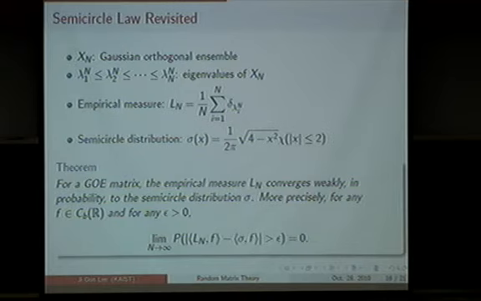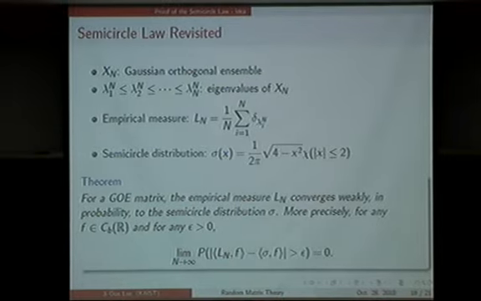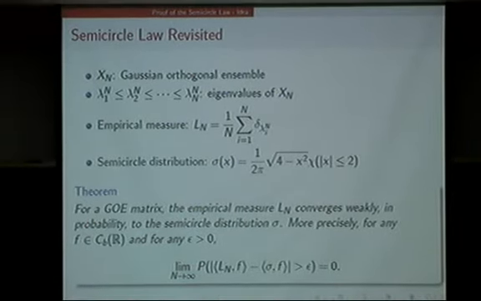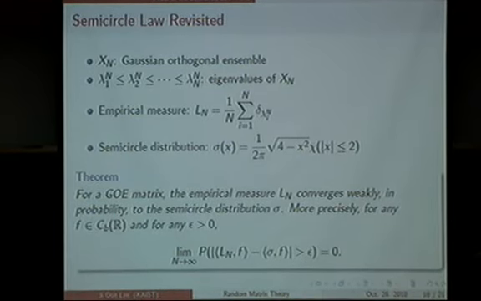Of course, this is not the optimal form of the theorem, and instead of GOE you can do much more general cases. For GOE this is true, but if you omit the G part, for the OE matrix, OE is just an orthogonal ensemble without any Gaussian condition but with IID entries. If you have IID entries with mean 0, and a few more conditions, then you can get the same thing. Likewise, if you have UE, you can get the same thing. And the interesting thing is that you can consider SE, which is the symplectic ensemble.